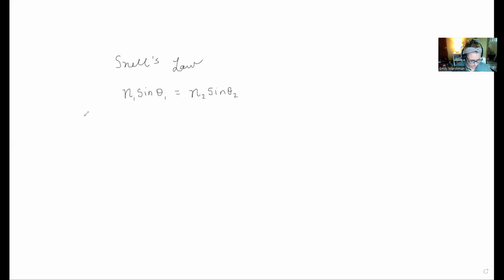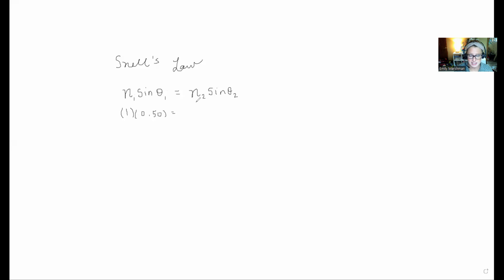Just going back to my whiteboard. The incident medium that the light was traveling through was air. So N equals 1 for air. Sine of theta 1 in the first trial was 0.50.